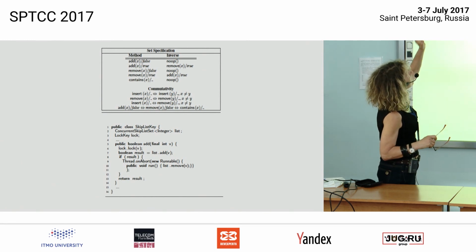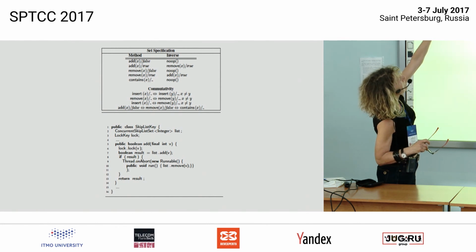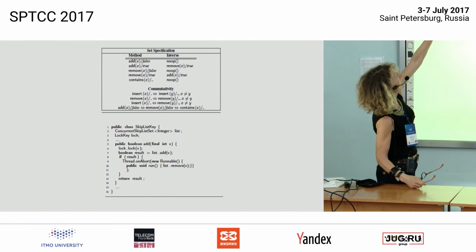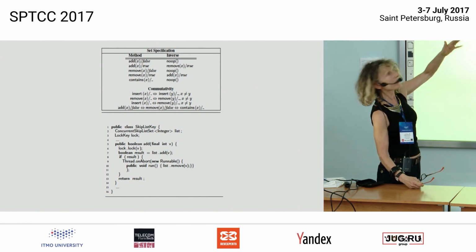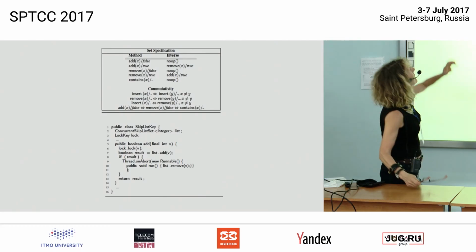Two removes also commute as long as x is not equal to y. And insert and remove commute as long as x and y are not the same. So I don't need to exclude those operations.